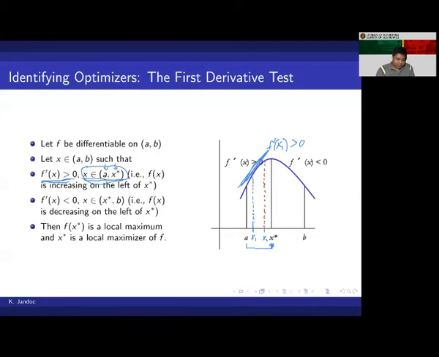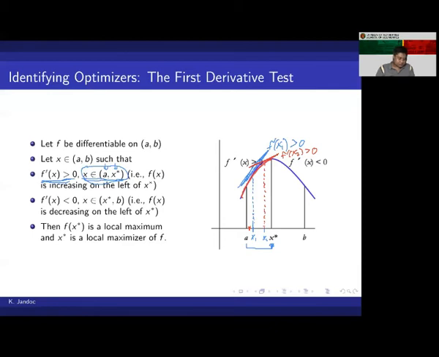Construct the tangent line of the function. This is f prime evaluated at x2. Clearly this is also upward sloping, so it's positive. So all the x between A and x star give you a positively sloping tangent line, or alternatively, you see that the function is increasing to the left of x star.